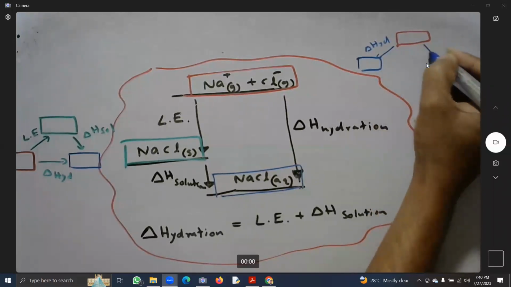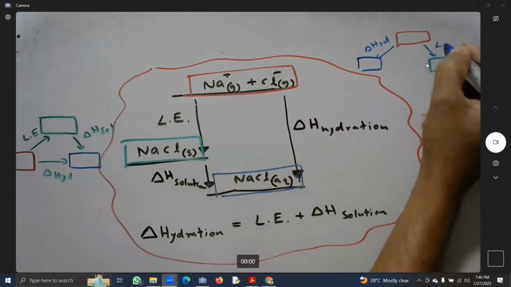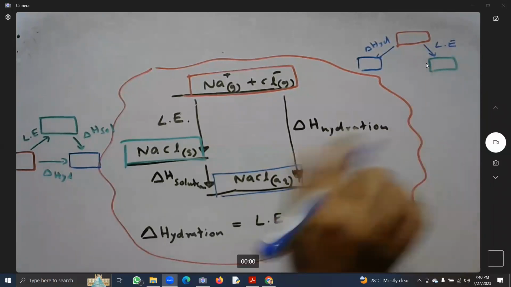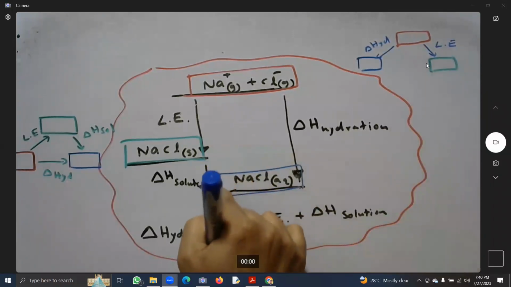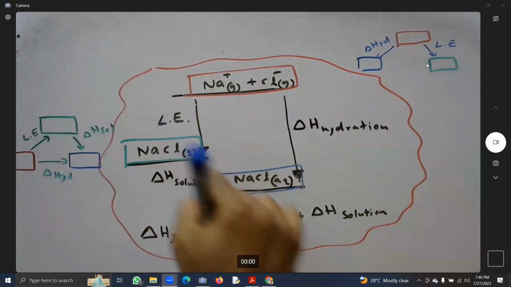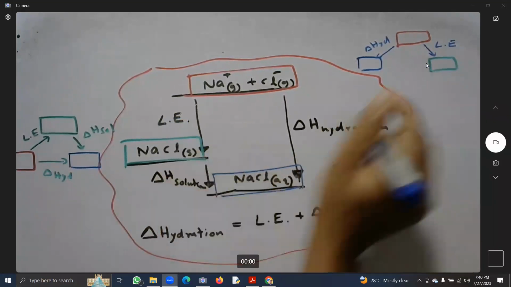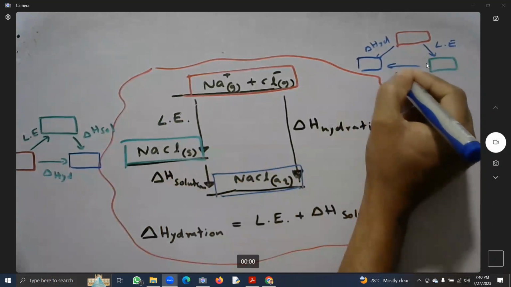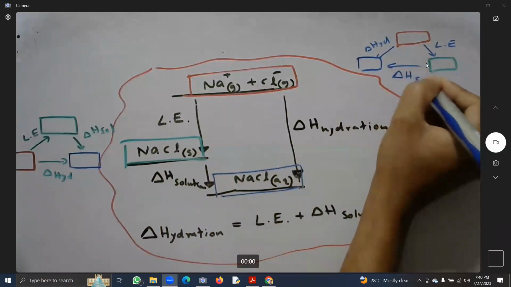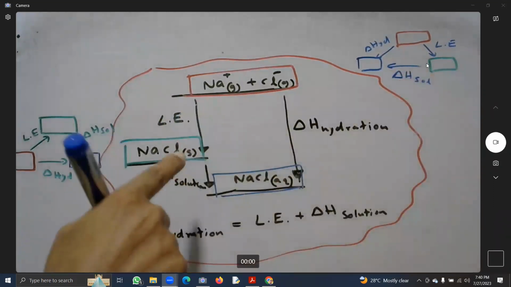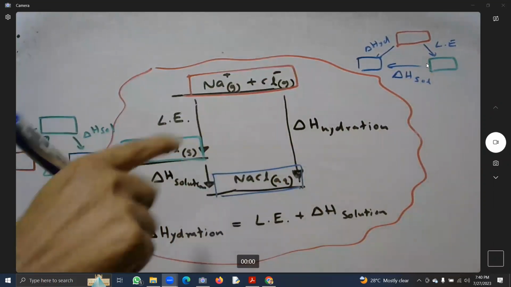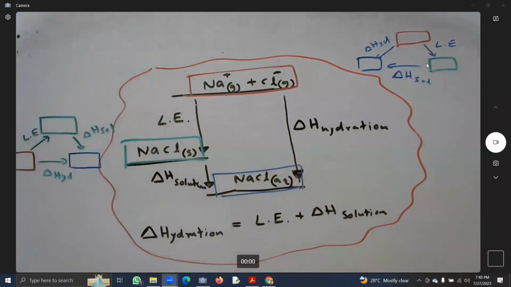Red to green will be lattice energy. Blue to green is minus enthalpy of solution, but normally we go from green to blue. If it is the opposite direction, okay. If you have colors, use colors and draw these two. So the examiner can change it any way he likes.